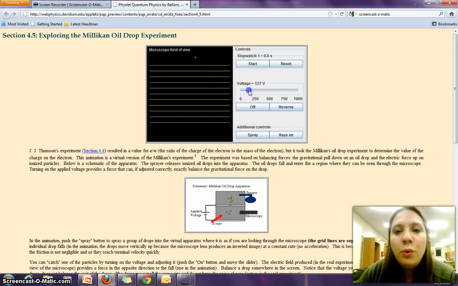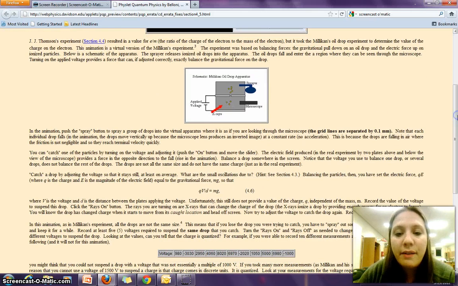So by removing electrons and then being able to calculate the terminal velocity of one of these droplets, we use the terminal velocity to know the mass. And then we have our equation here, which will allow us to determine the charge. And this is how we discovered the charge of an electron.